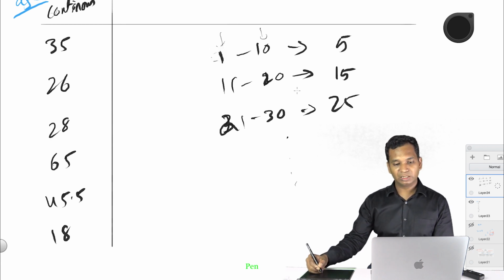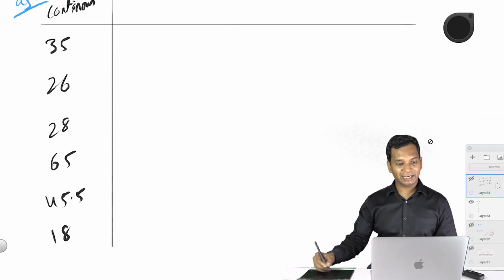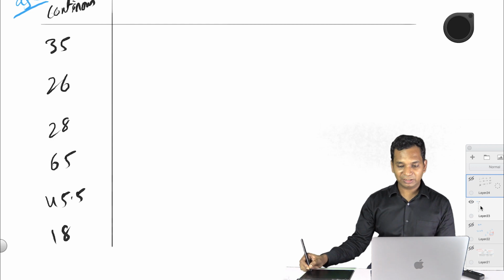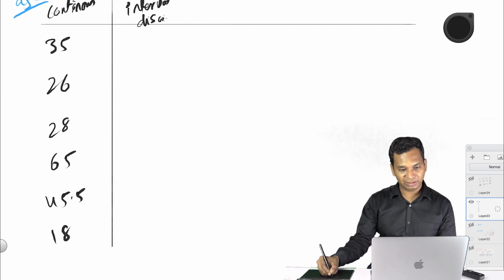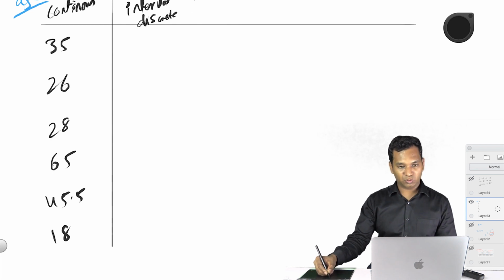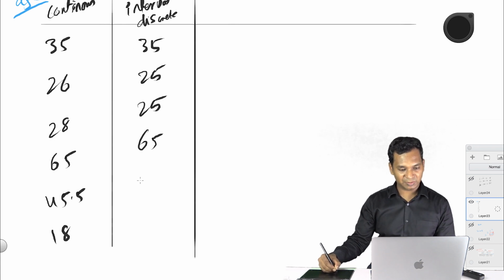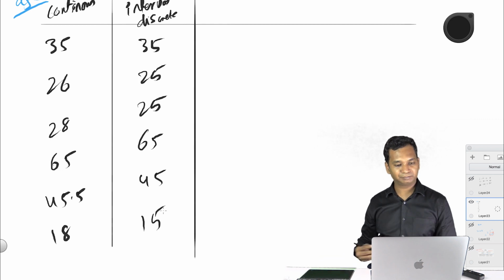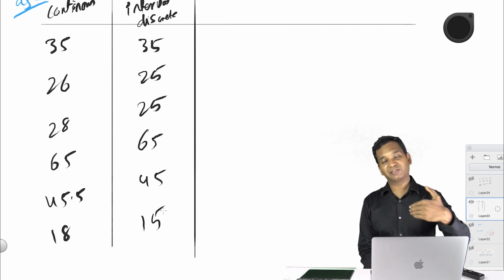So if you define that, then I can convert my continuous data into an interval. Interval is also called discrete, if you remember. So now this becomes 35, this becomes 25, this becomes 25 as well, this becomes 65, this becomes 45, this becomes 15. So I have converted my continuous value into a discrete value.